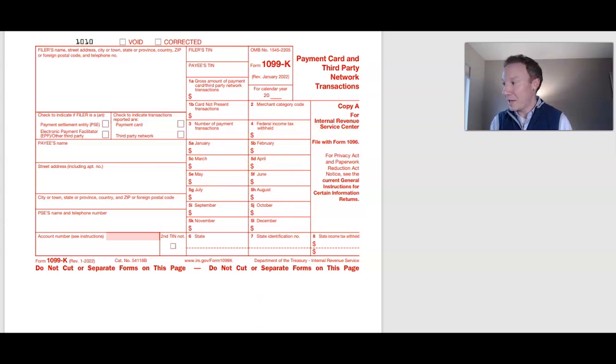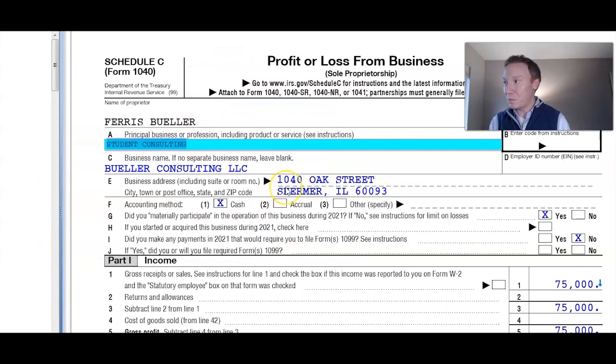So going through an example here on the tax return, most people are going to get these 1099Ks. They might be bigger businesses, but like the Uber drivers, the Lyfts, Airbnb hosts, you might have a Schedule C here. So on this line 1 income, in this example, I show $75,000. Just say Bueller Consulting received a 1099K and it showed $80,000, but they only show $75,000.